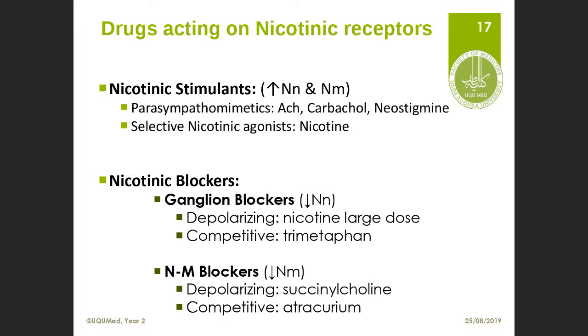When we are saying parasympathomimetics, as I told you earlier, please try to memorize this concept. Parasympathomimetics are the drugs which can act on both nicotinic and muscarinic receptors to produce their parasympathomimetic effects.